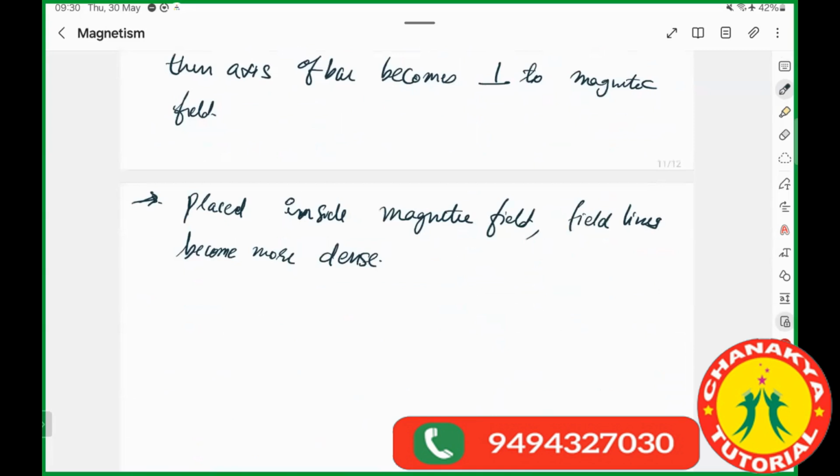Then let's go for graph. Graph is important here.